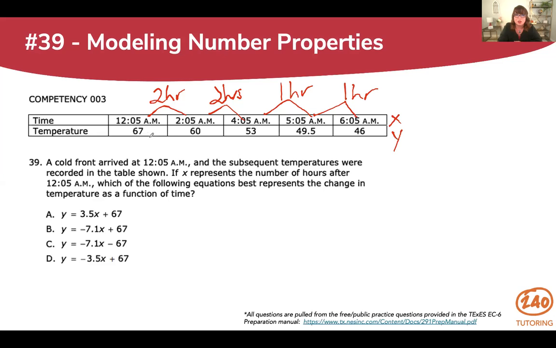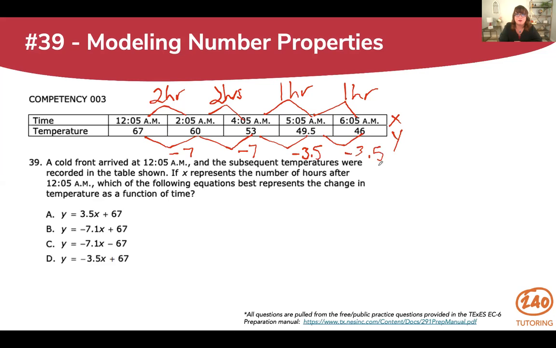Now I'm gonna mark the change that occurs down here. 67 to 60 would be minus 7. 60 to 53 would be minus 7. Watch what happens here. 53 to 49.5 is minus 3.5, and 49.5 to 46 is minus 3.5.